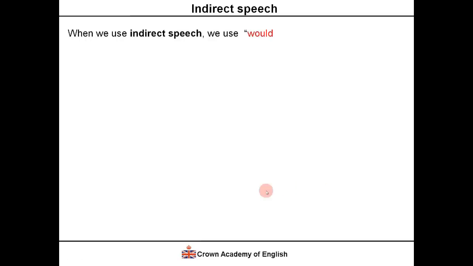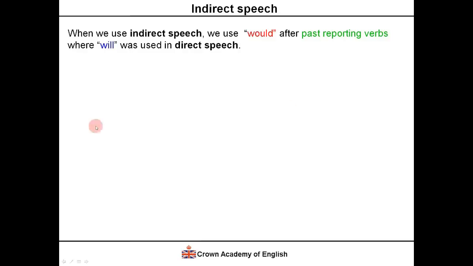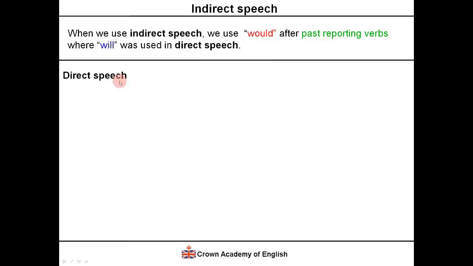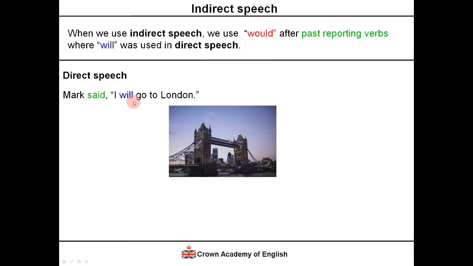When we use indirect speech, we use would after past reporting verbs where will was used in direct speech. So, example. Here is some direct speech. Mark said, "I will go to London."